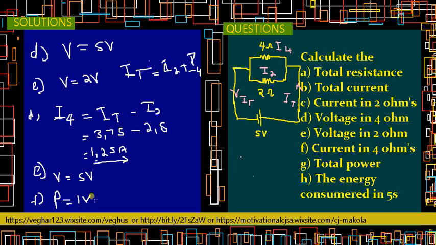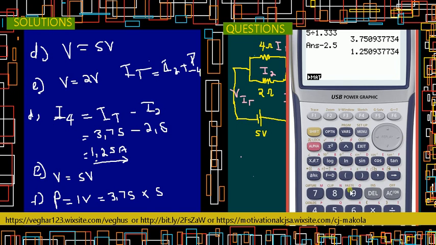The total current is 3.75 multiplied by the voltage, which is 5. So we have 18.75 watts, because power is measured in watts.